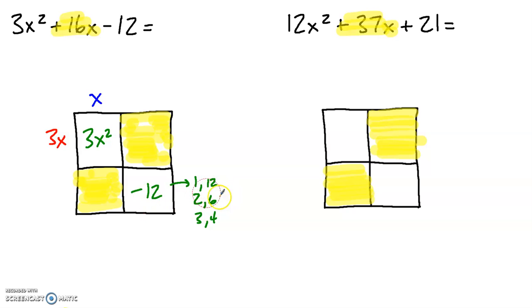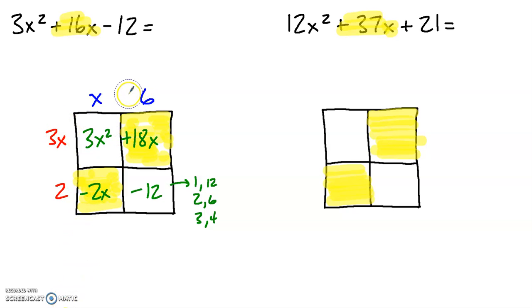Let me try 2 and 6, and I'll put the 2 here and the 6 here. 6 times 3 would make this an 18x. I think this is the one. 2 times x is 2x, and since I know the signs need to be different, I need positive 18 and negative 2.